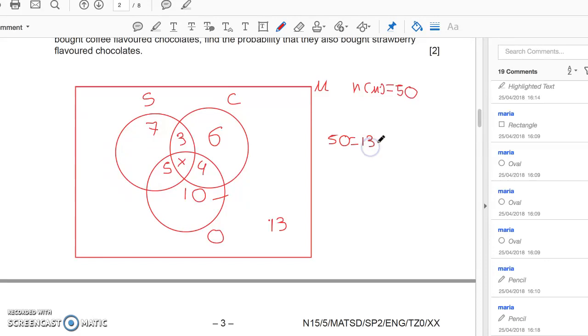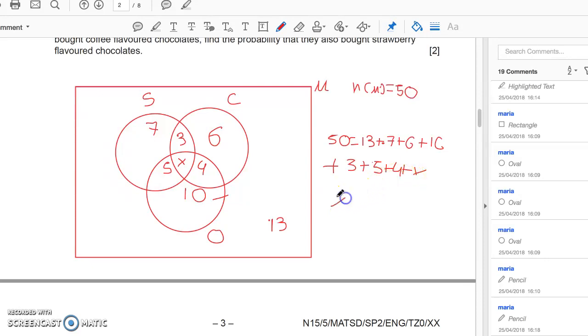The 13 who bought nothing, plus the 7 for the strawberry only, the 6 for the coffee only, the 10 for the orange. I keep adding the 3, the 5, and the 4, plus the X that I don't know.